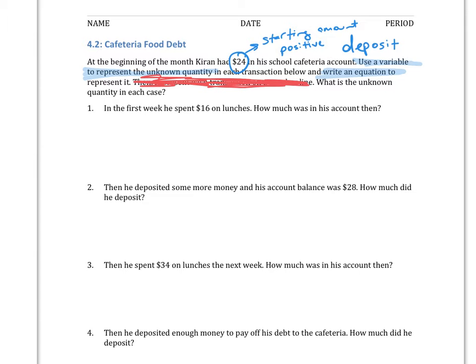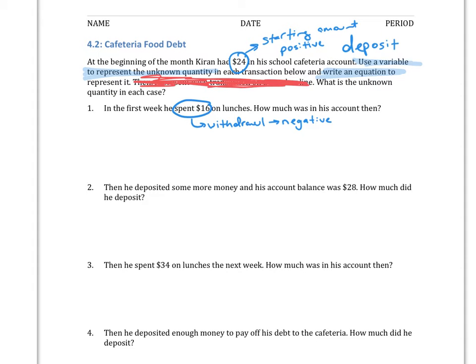So if he spent $16 on lunches in the first week, spent is a negative connotation, because you're taking the money out, right? This is a withdrawal. Whenever you take money out of an account, you're withdrawing it, and that has a negative connotation.